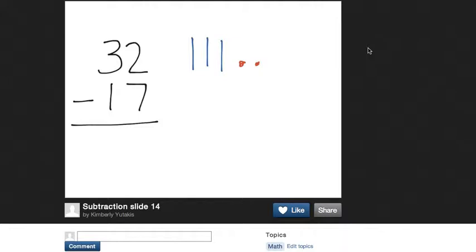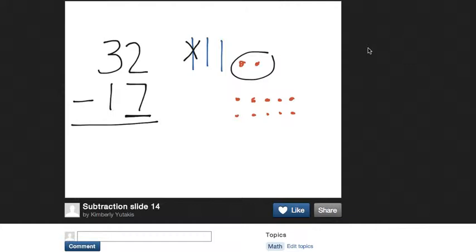Now when I look at my ones place, I see that I only have 2 ones. I do not have enough to subtract 7 ones. So what I'm going to do is trade in 1 ten for 10 ones. Now I have enough to subtract 7.